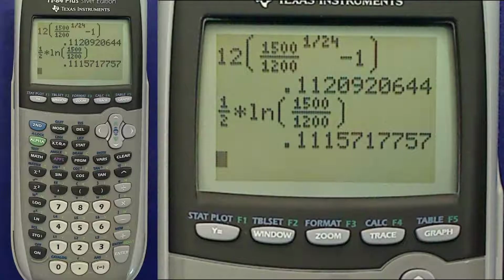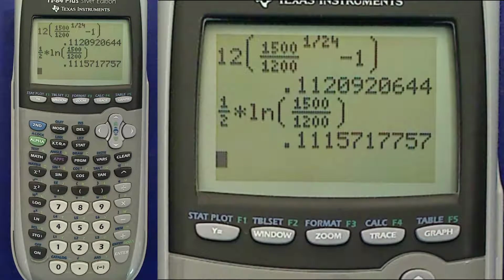And you can see it's not too different. That's because these different interest calculations are not all that different from each other in terms of their values, even though the structure of the formulas is very different.